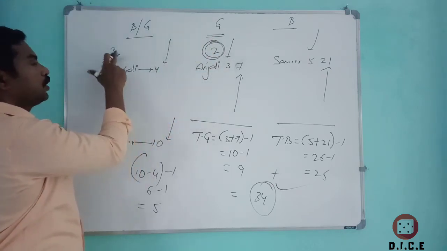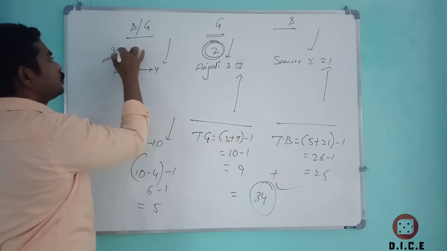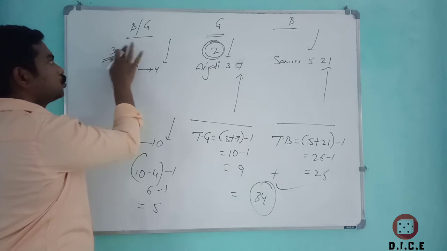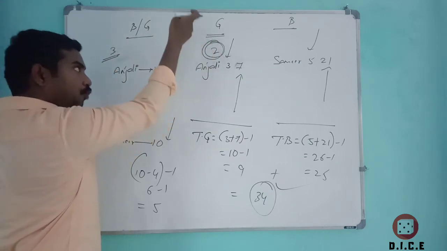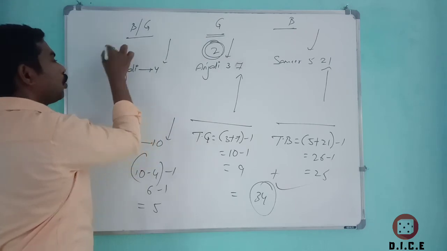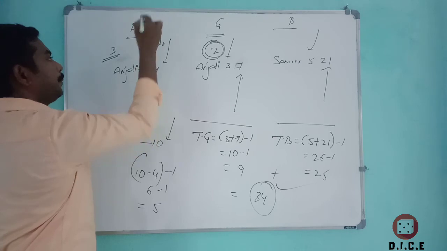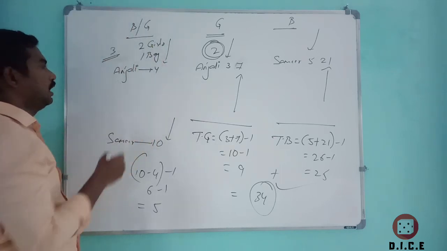So if you subtract 3 minus 2, there will definitely be 1 boy ahead of Anjali.